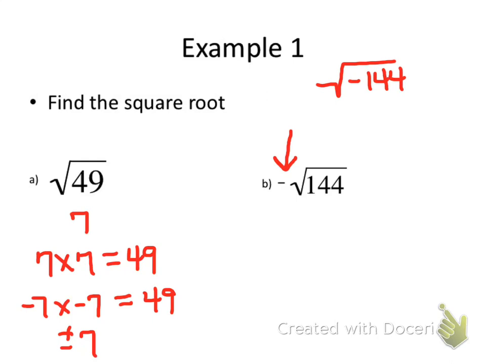In order to have a negative number under the radical symbol, you would have to have a positive 12 times a negative 12, which then is not the same value. So that is mathematically not even in existence. So when we see the negative symbol outside the radical, it's like saying we want the opposite of the square root of 144, or in this case, the negative 12.